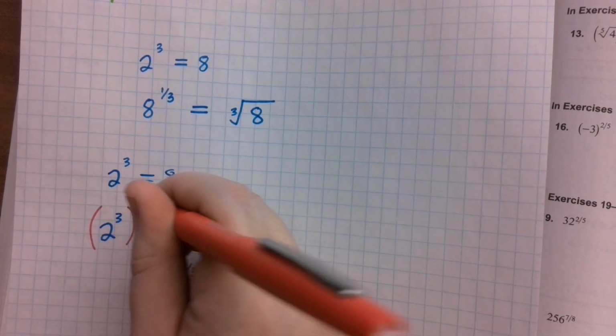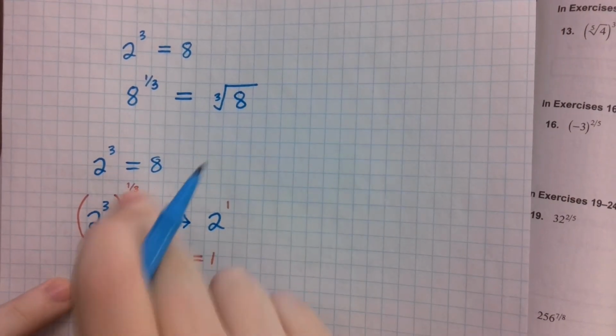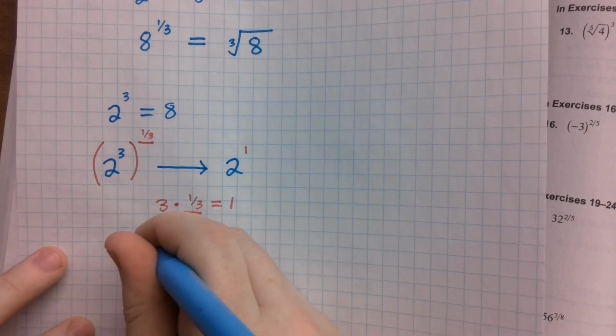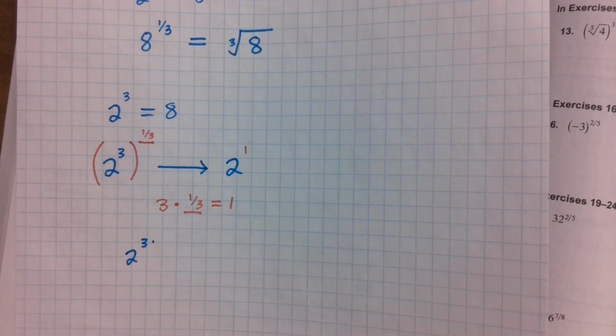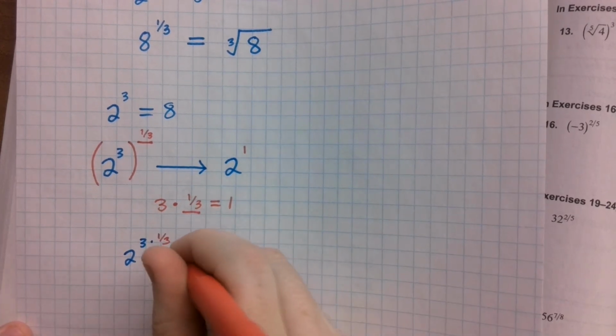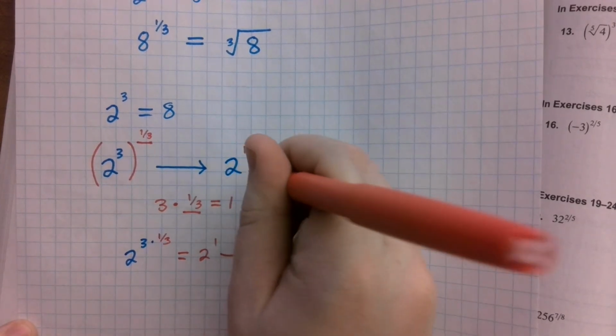In other words, 2 cubed to the 1/3 power, we can rewrite as 2 to the 3 times 1/3 power, which is just 2 to the first, which is just 2.